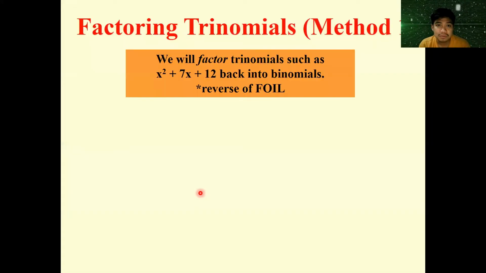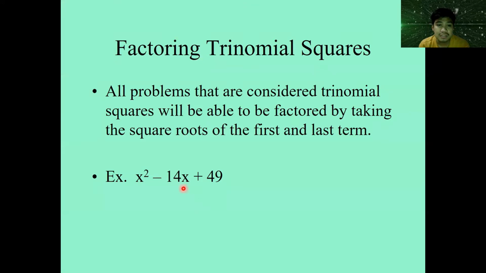So as you can see, if you are going to get the square root of x squared, we have x. And then we have 49. Ano ba yung square root ng 49? 7. So basically, magiging sagot dito will be x minus 7 times x minus 7, or we have x minus 7 squared kasi if you are going to multiply x tapos, okay, I will show the solution na lang.